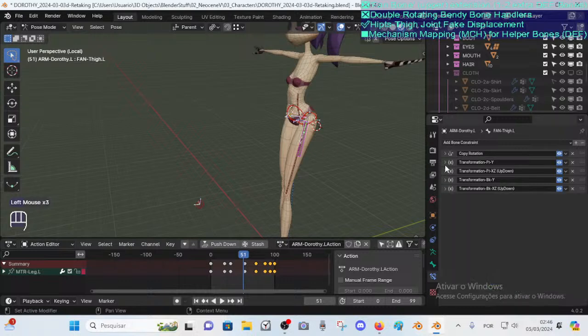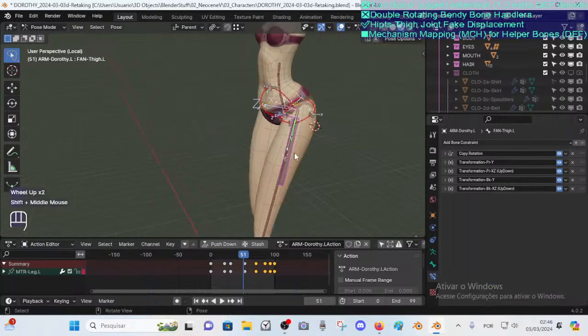So it's a stacking of functionalities for this bone, and I can use a single deformed bone to derotate the mesh and displace the mesh of the joint.